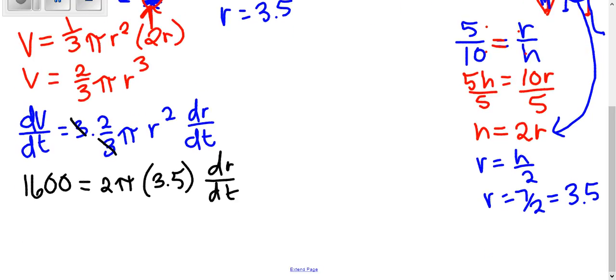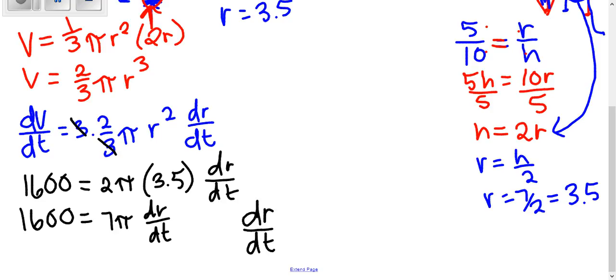So we multiply those: 2 times 3.5 is 7. So we have 7 pi dr/dt equal to 1600. So dr/dt is equal to 1600 over 7 pi.